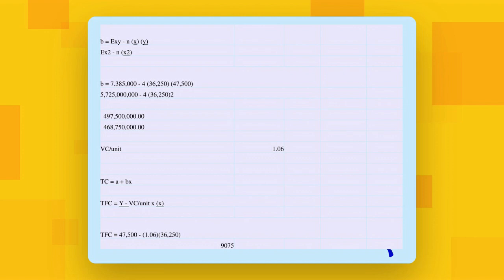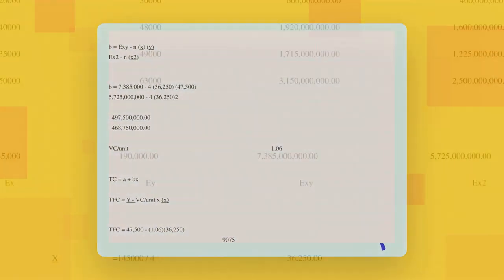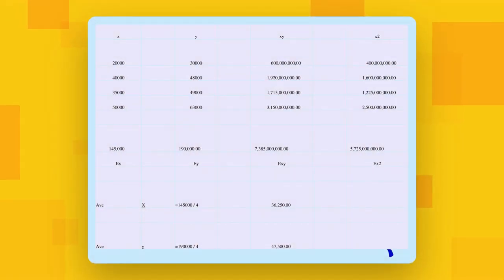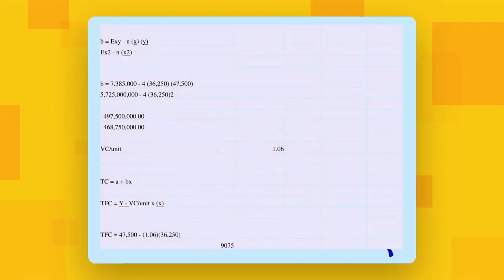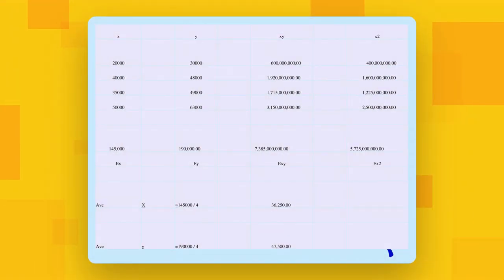Go back to what we computed earlier for the summation of XY, and this is 7,385. So, 7,385 minus 4, because you have 4 observations: 1, 2, 3, 4.